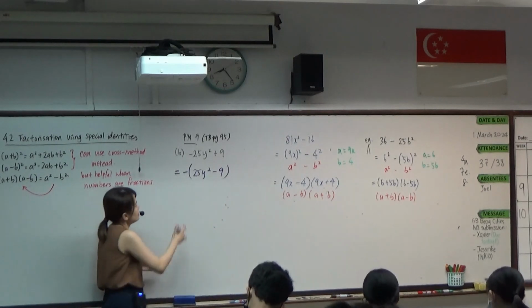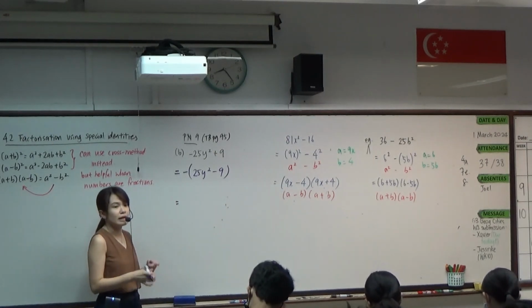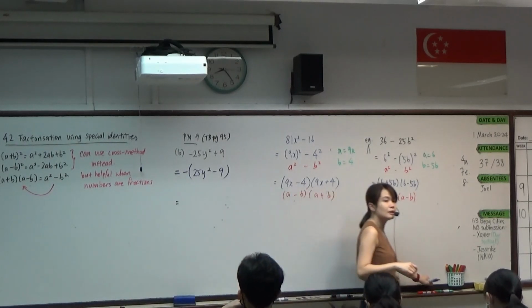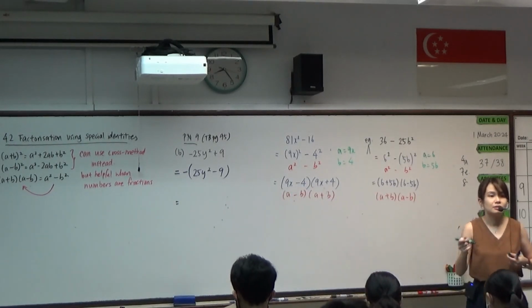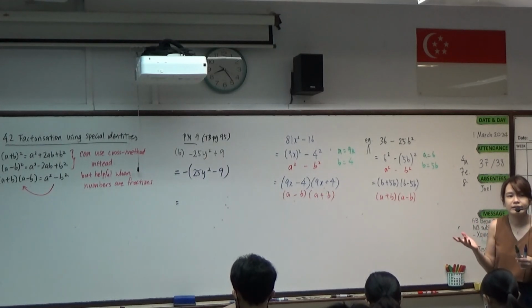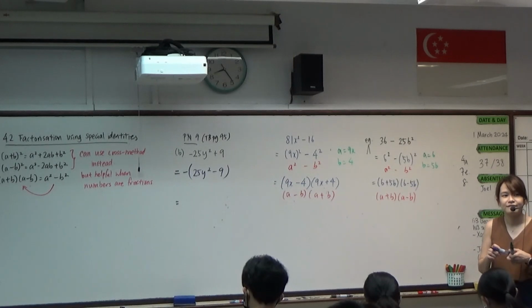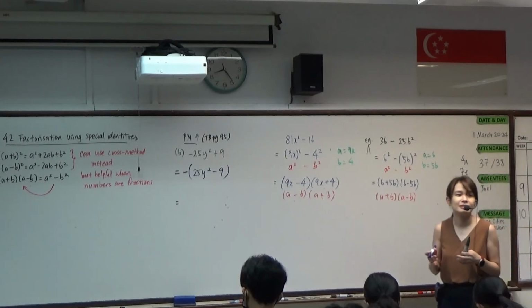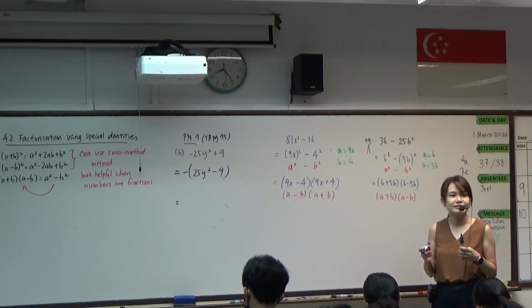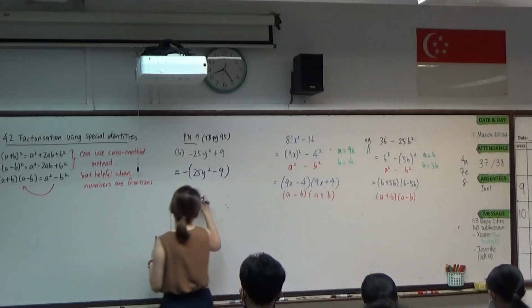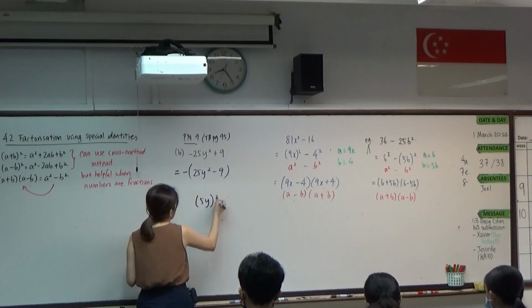Right? And then after that, what? Can we continue? What do we do next? Bracket 5y squared, like that.